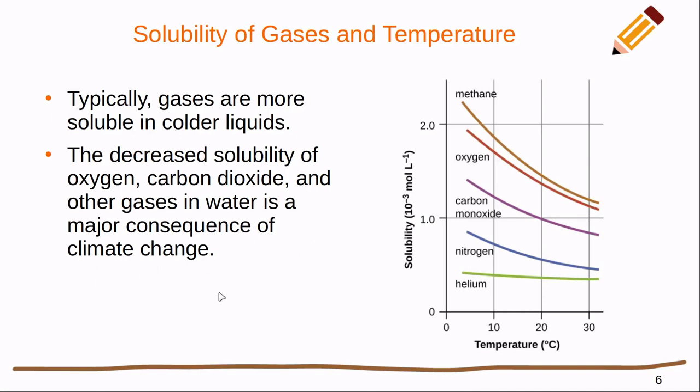This same effect has major consequences when we start talking about climate change. As the temperature of the entire planet increases, the amount of dissolved oxygen and dissolved carbon dioxide in the water is getting to be less and less. Fish need oxygen that's dissolved in the water. So if they don't have enough oxygen dissolved in the water, they will die.